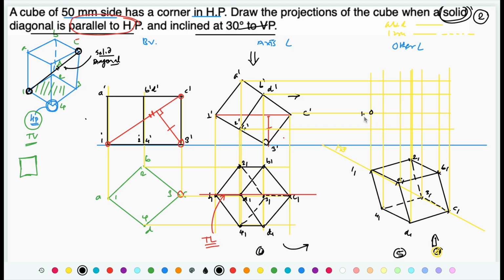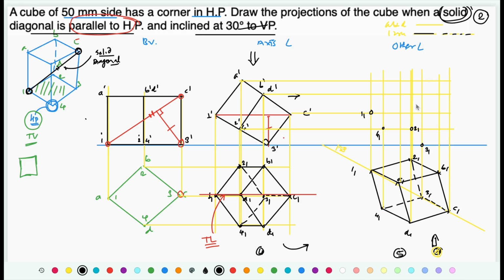So this is 1 1, this is 2 1, this is 3 1, and this is 4 1. This 1 2 3 4, some portion is going to be visible and some portion is hidden. Some portion is, in the sense, the outer portion is visible.